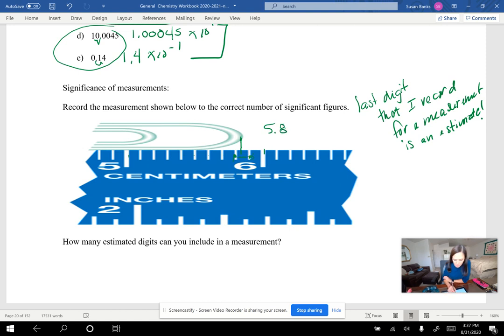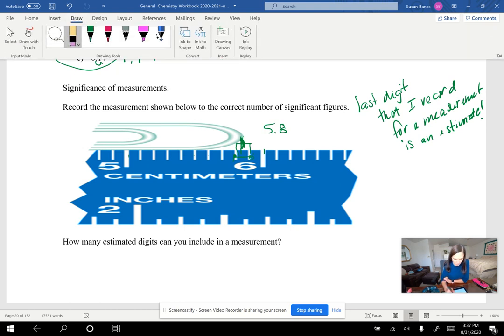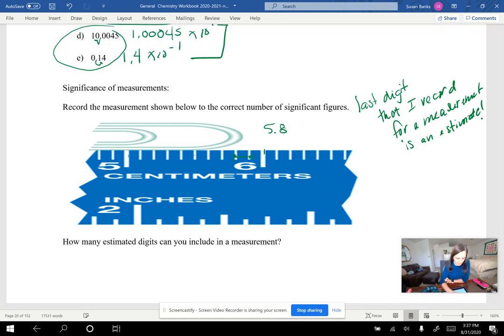So I'm pretty sure of that 8. But here in between these two is where it gets tricky. Now, are we like right in between? Are we a little bit closer to the 8 or a little bit closer to the 5? Now, I want to undo all these marks that I just did.